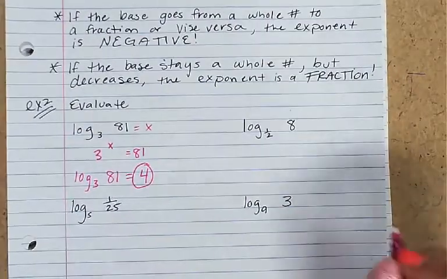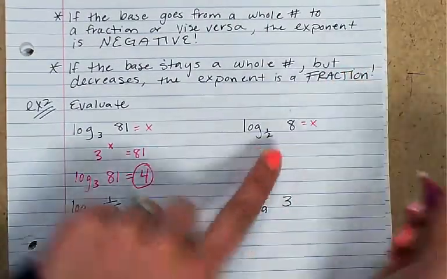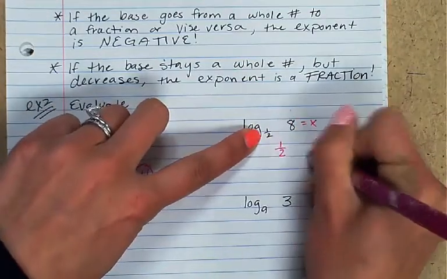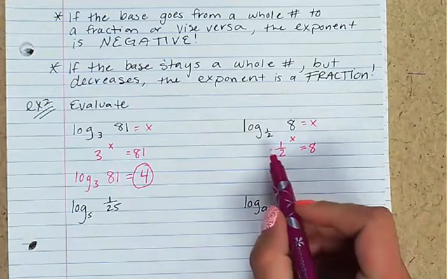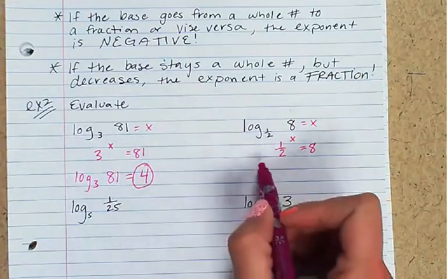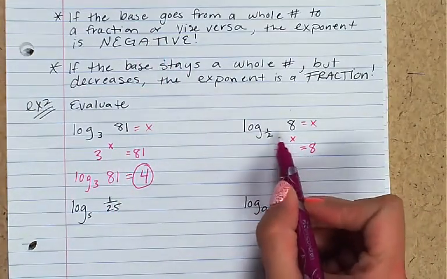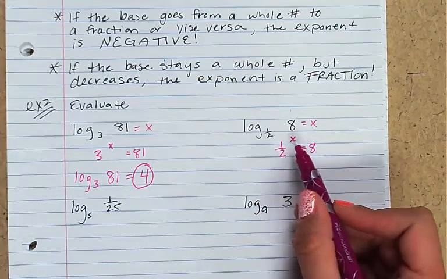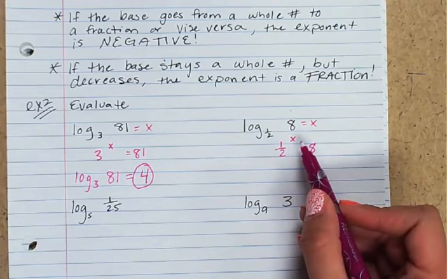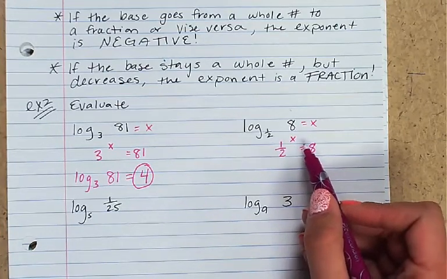Now let's look at this one. Base, answer, exponent. Okay, so this is the one that I was talking about here. We start off with a fraction, and we end up with a whole number. That means whatever this exponent is, it has to be negative.